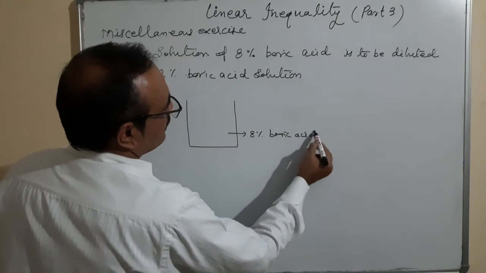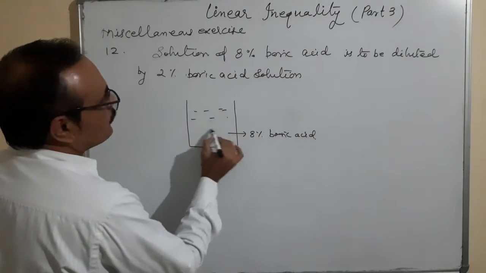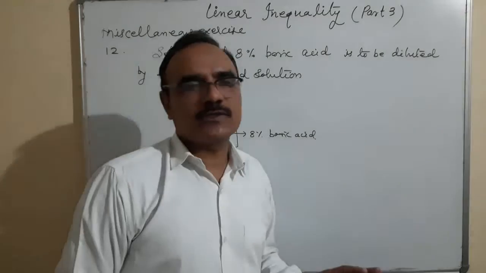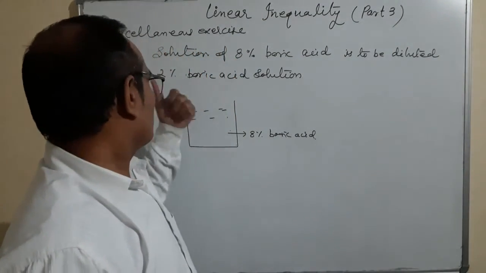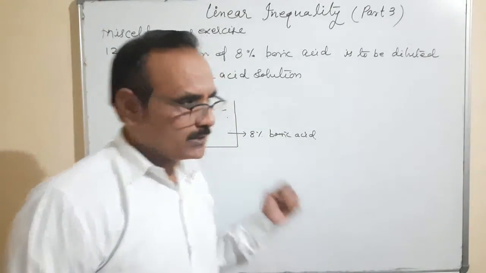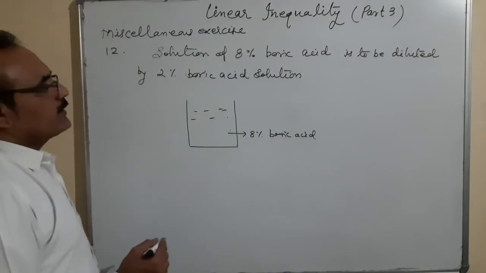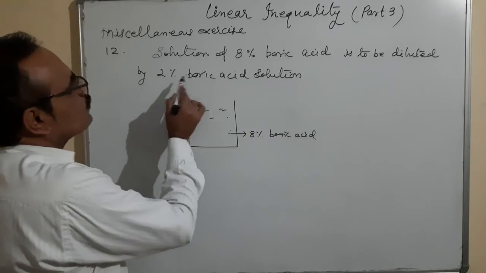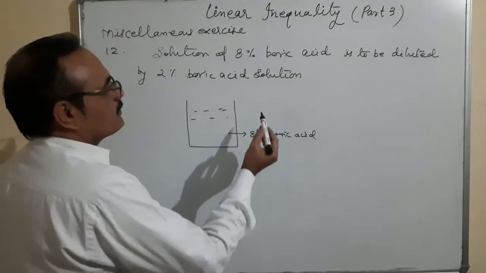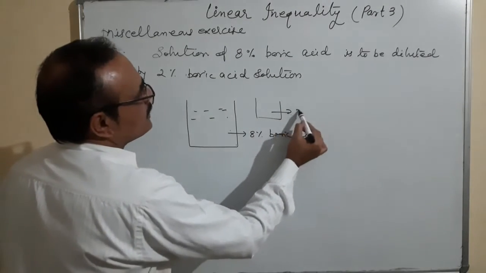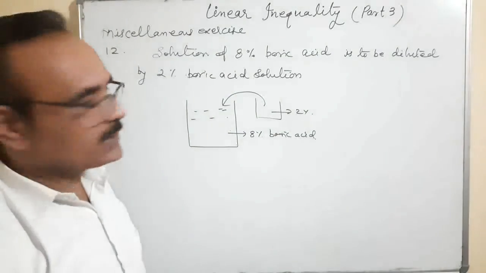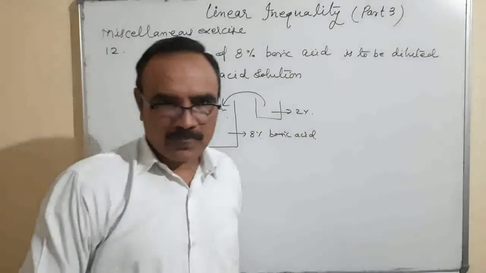It's a concentrated solution. If you want to dilute it, we are going to add a solution containing 2% boric acid. Mixed with it, it then becomes a mixture, right?